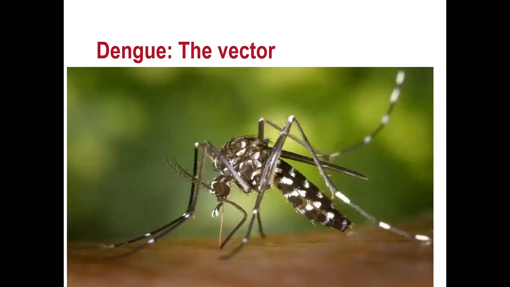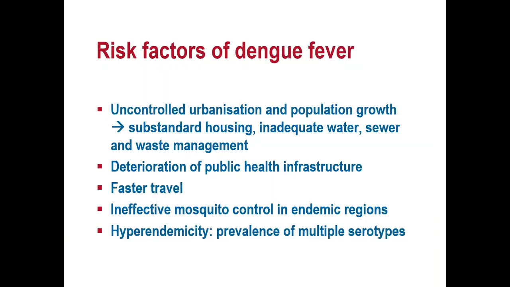The vector that causes dengue fever is Aedes aegypti. The risk factors are uncontrolled urbanization, rainy weather, substandard housing, inadequate water and sewerage, and poor waste management.